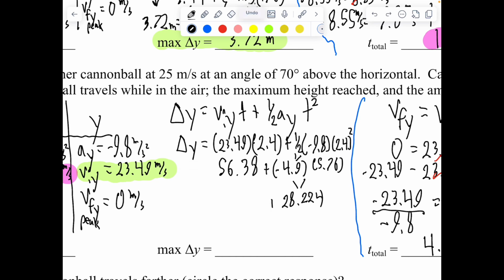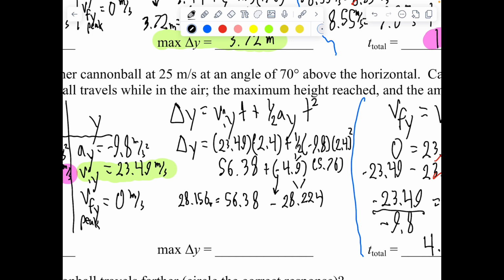And now we have to remember, we're subtracting here. This negative comes along for the ride. So instead of adding, we're subtracting. 56.38 minus that. Now we just have to plug and chug, like we've been doing. We get our answer, 28.156.